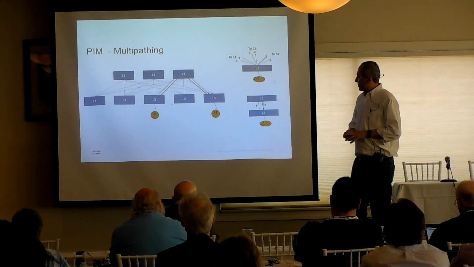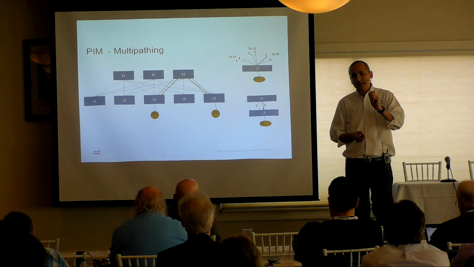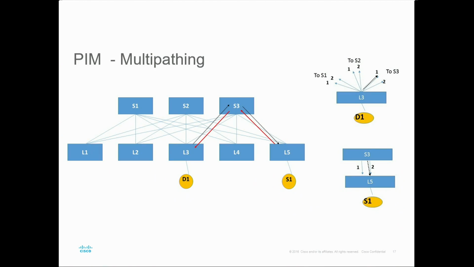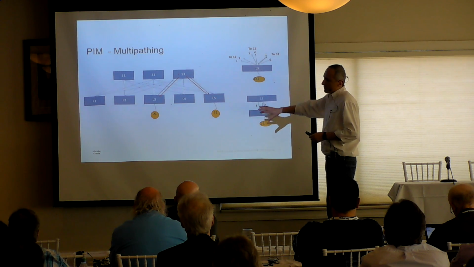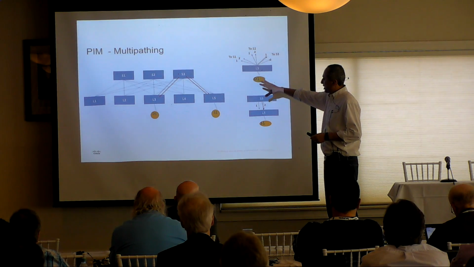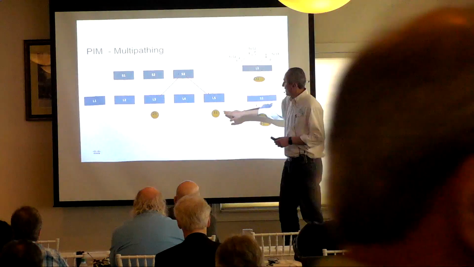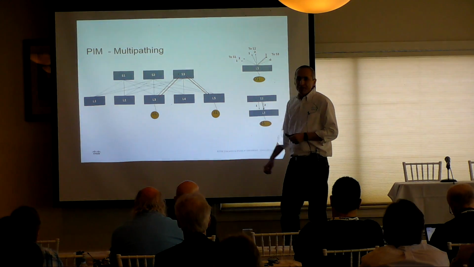Now this slide is trying to show what the challenge with PIM is: how multicast is currently not bandwidth aware. That's the main challenge. It's a busy slide, but what I'm showing here is that the destination is connected to leaf 3 and the source is connected to leaf 5.